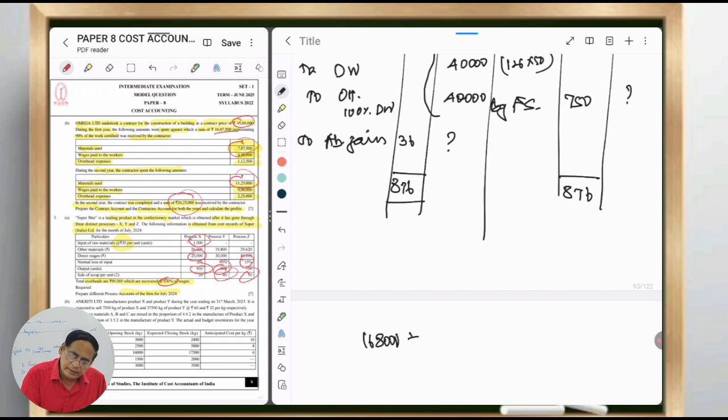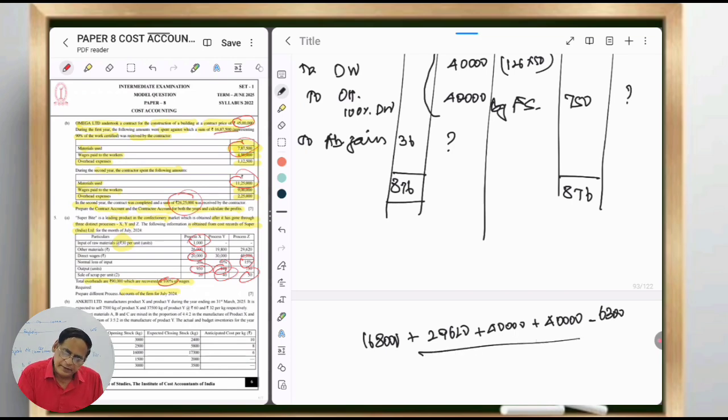1,68,000 plus 29,620 plus 40,000 plus 40,000 minus 6,300. This is the amount, divided by how many units? 840 units, minus normal loss 126 units.